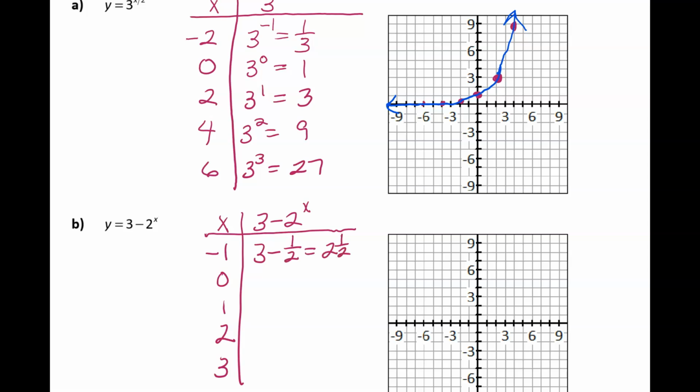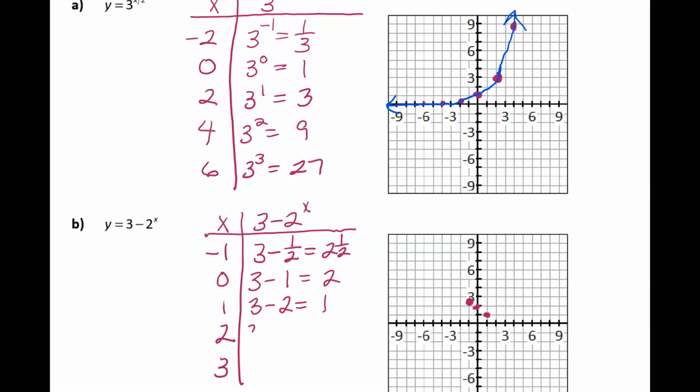So I'm going to graph the point -1, comma, 2.5. And then 0, comma, 2 to the 0 is going to be 1, so that's going to give us 2. So 0, comma, 2. When we plug in 1 for x, that's 2 to the 1, which is 2. That's going to give us 1.